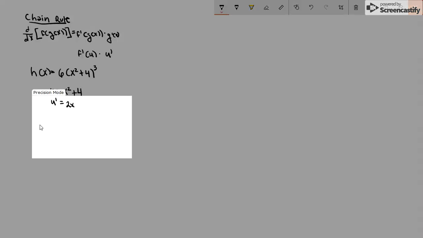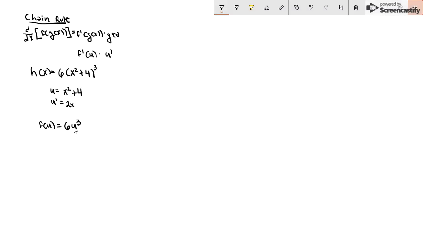So instead of writing f of x, you could write f of u is equal to 6u cubed, right? And this becomes a lot easier to use.